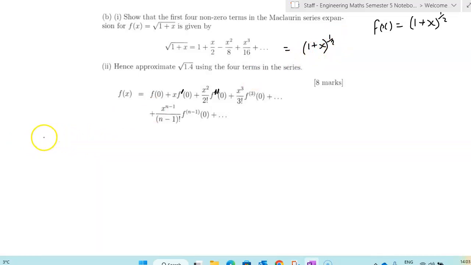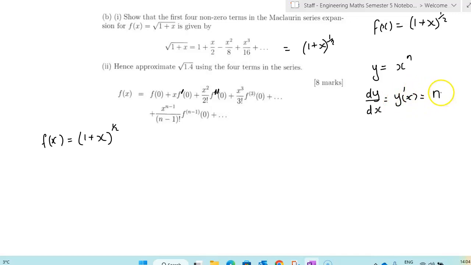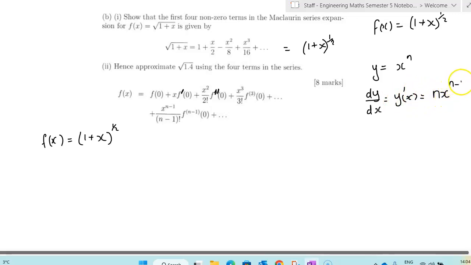So how I do this is I'll write down f of x is equal to 1 plus x to the power of a half. Now, to remind you, the general rule for differentiation is if y is equal to x to the power of n, then dy dx, or the first derivative, is equal to nx to the n minus 1, which means you bring down the power and you subtract 1 from the power.